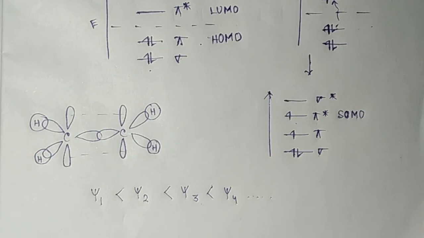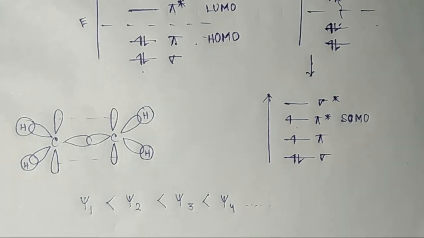For the ethylene molecule, as there are two p orbitals, there are two MOs, designated Ψ1 and Ψ2. For 1,3-butadiene, there are four p orbitals, so four MOs, designated Ψ1, Ψ2, Ψ3 and Ψ4.